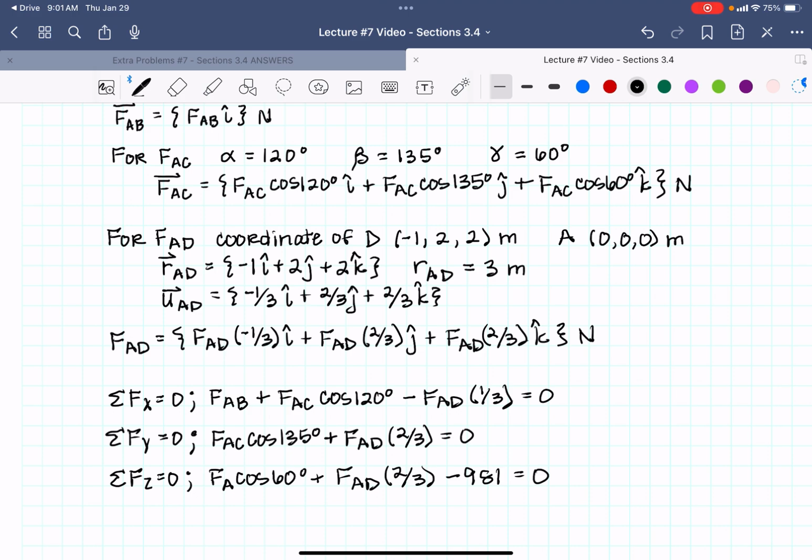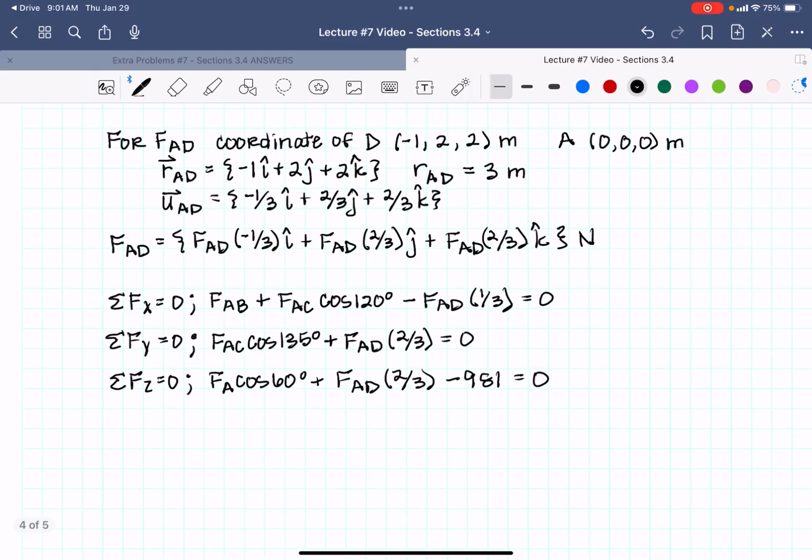I'm going to rewrite that because there is no easy way to do substitution on this one, so I'm going to use the matrix version, which means I have to have all my scalar values on the right side. So I'm going to rewrite my z equation to be FAC times the cosine of 60 degrees plus FAD times 2/3, and I'm going to move that 981 to the other side, which is a positive 981.